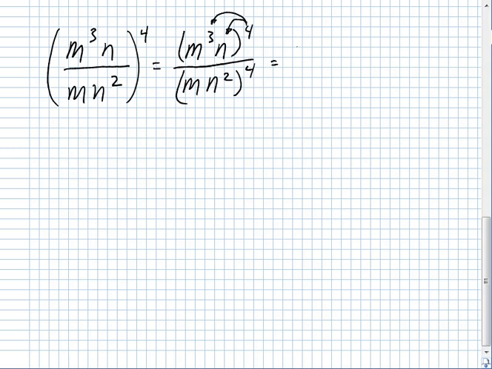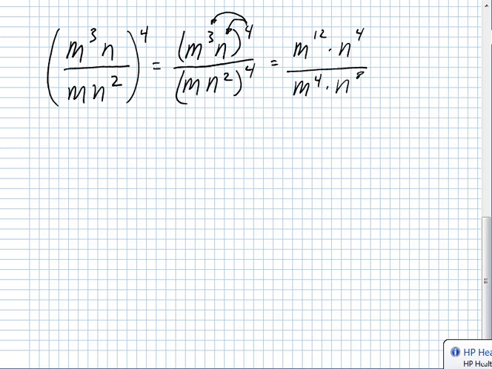So on the numerator there it's m to the power of 4 times 3 is 12, times n to the power of 4 times 1 is 4. Okay, and likewise on the bottom, this is m to the power of 4 times n to the power of 8.